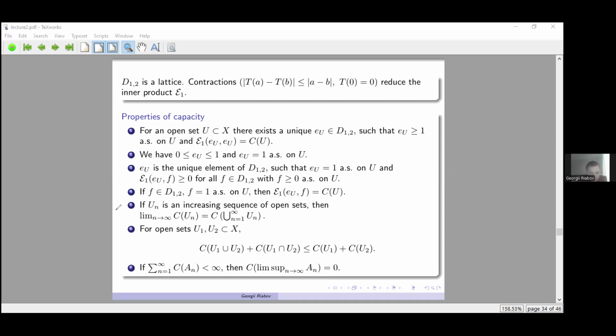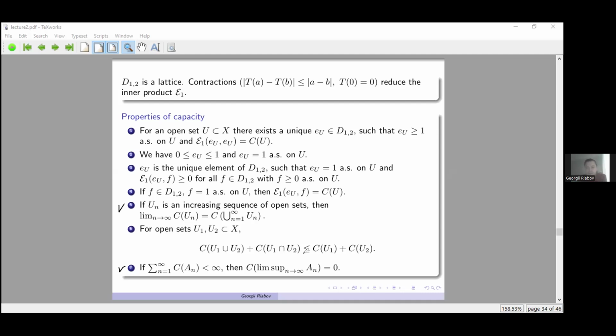So property number 5 is like a property of continuity of a measure. Property number 7 is an analog of the Borel-Cantelli lemma for measures. And property number 6 shows that actually the capacity is not a measure.